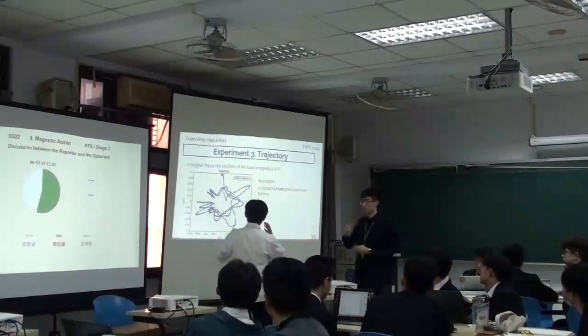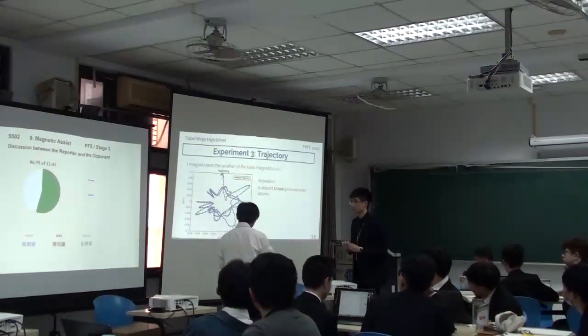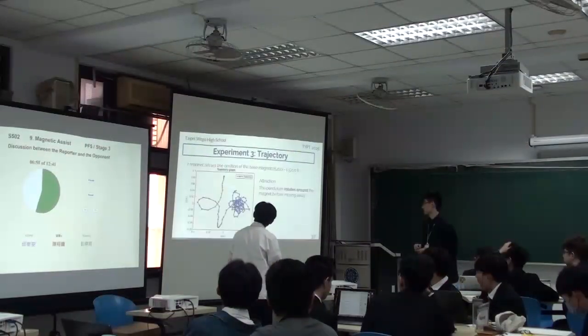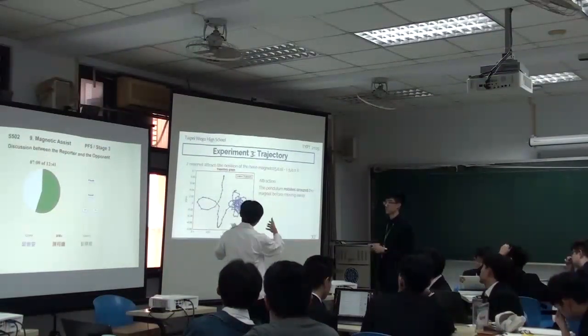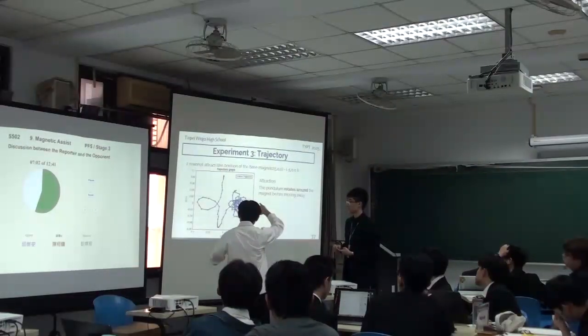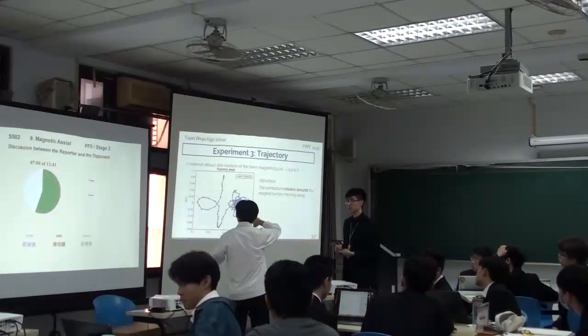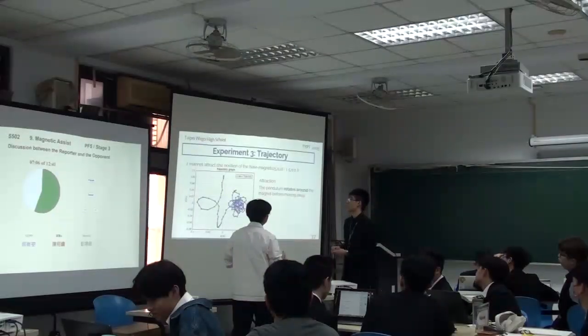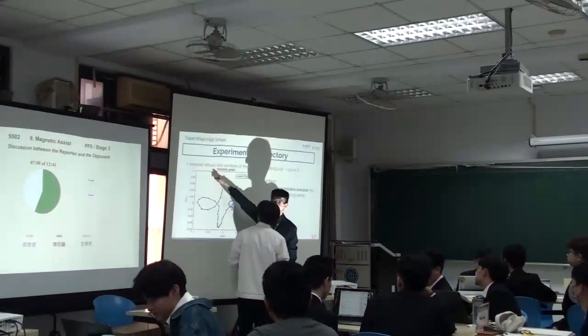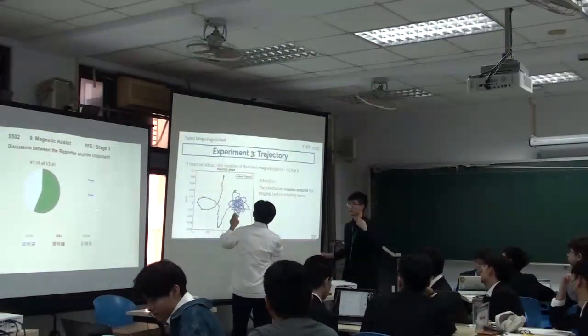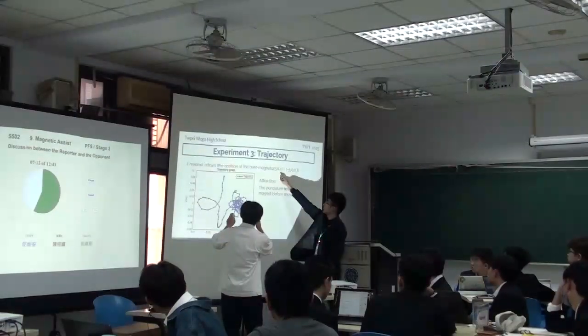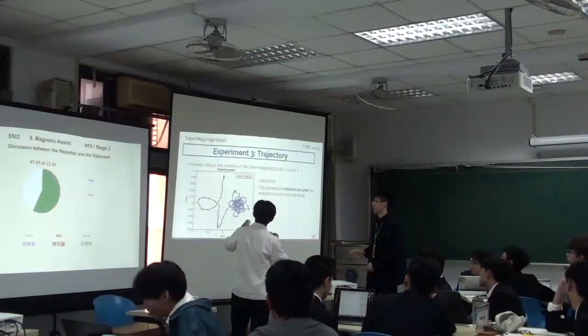I want a comparison with 37. 37. Why is the movement so different? Because this is attracting and there are two magnets. Where are your two magnets put? Here, 500 and minus 500.